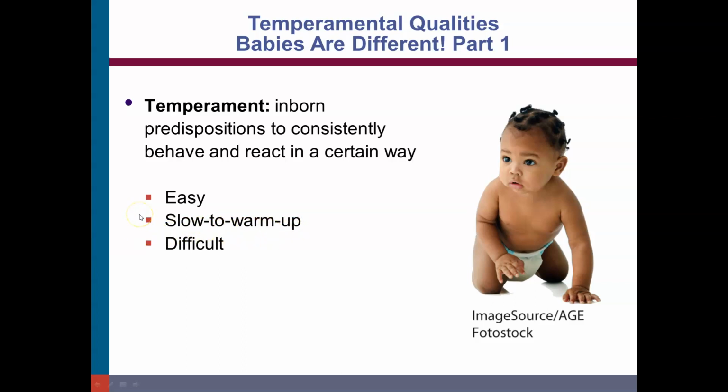So it requires a little more interaction and they may be a little bit slower to go through the processes of interaction with the environment. And then last but not least, another form of temperament is what's known as difficult. And so that's when the baby may be throwing tantrums and crying a lot and not interacting as easily with others.